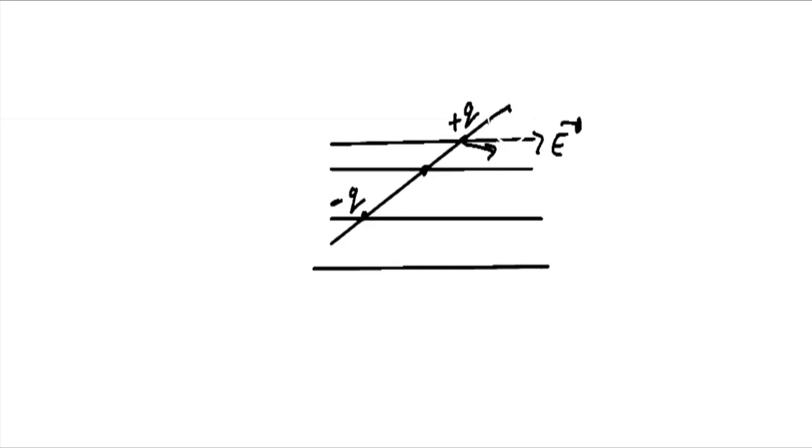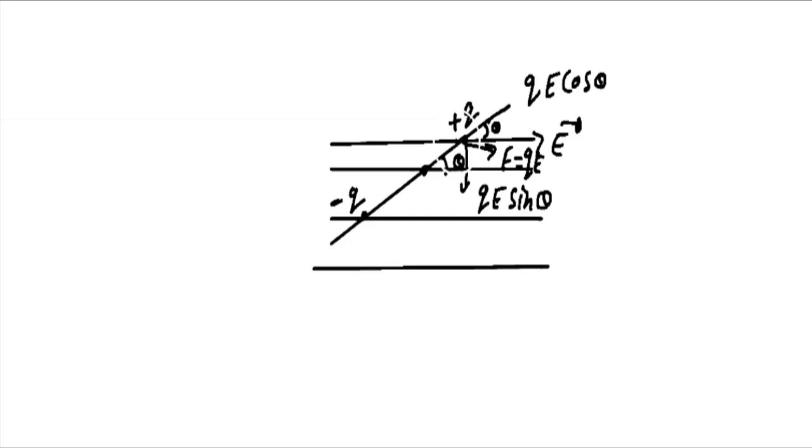Here the electric field is uniform, so on any point charge the force is F equal to qE. Now if this angle is theta, this is also theta, and along the rod the component is qE cos theta, and perpendicular to it is qE sin theta.